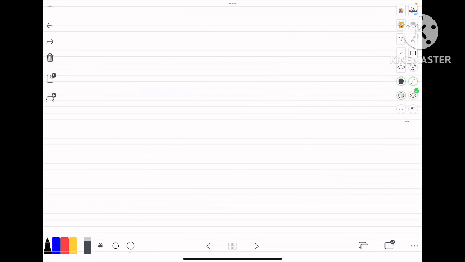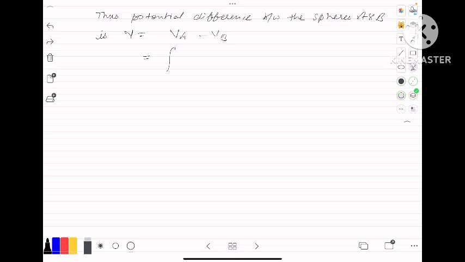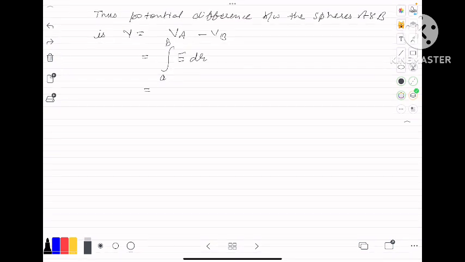Thus, potential difference between these spheres A and B is V is equal to VA minus VB, and we know that it is equal to integral A to B E dr. Okay, so we just calculated E is equal to Q upon 4 pi epsilon naught r square into dr. Here Q upon 4 pi epsilon naught is constant, so we take it outside the integration.